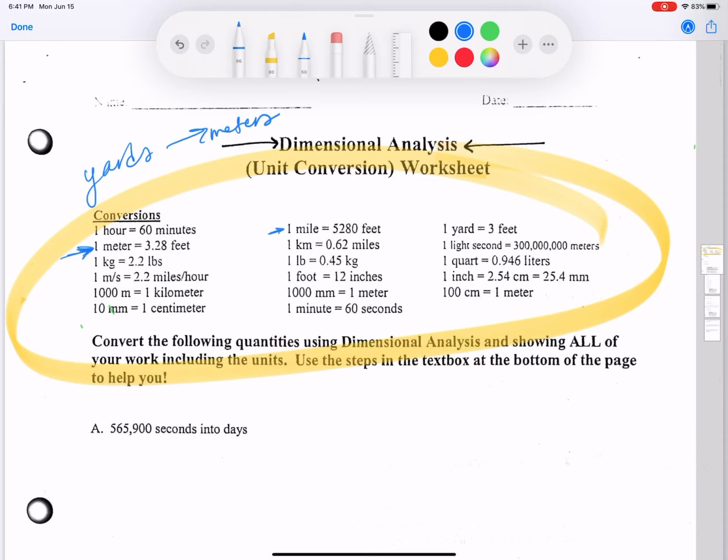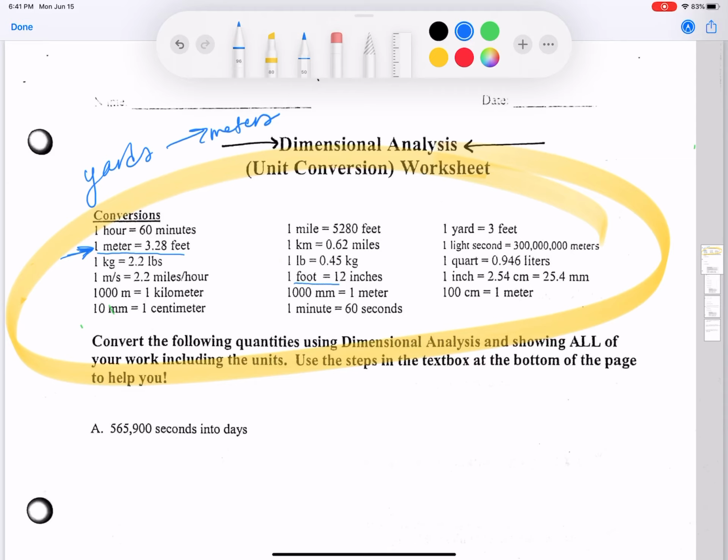So maybe feet will connect, but as of right now, I would be able to go from meters to miles or miles to meters. I don't really want miles involved here, and if I were to use that route, I would have meters to feet, and then feet to miles. That's not going to help me, so I'm going to get rid of that for now. If I need to, I can come back to it.